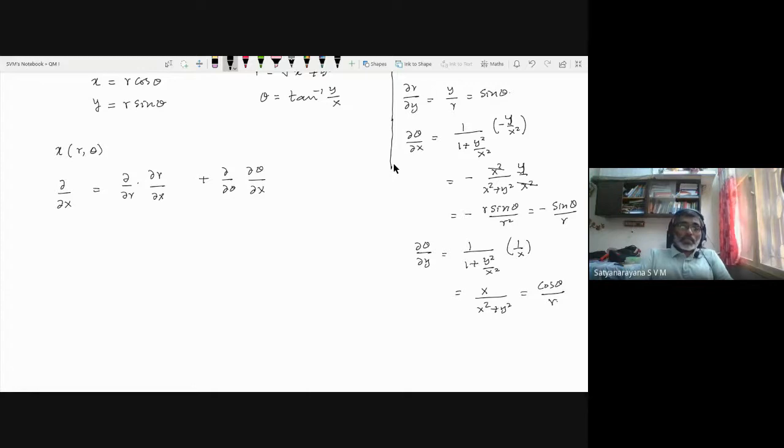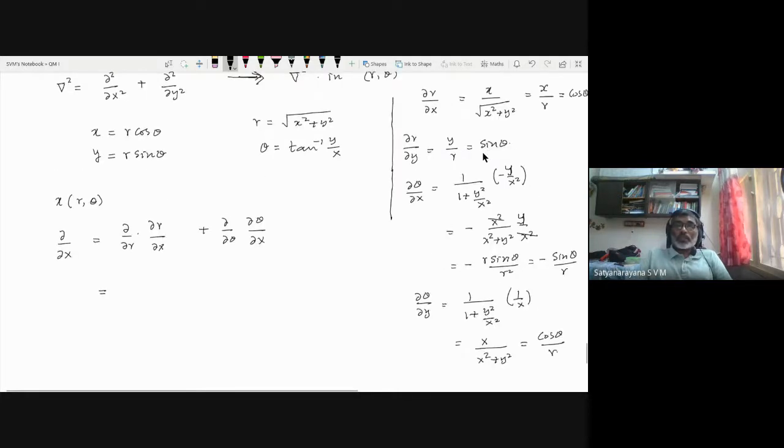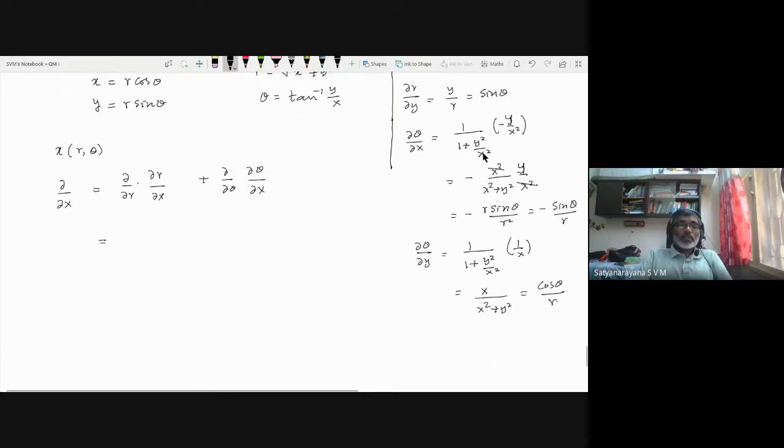So I can write this del by del x: dou r by dou x is cos theta, so this is cos theta into del by del r, plus dou theta by dou x is minus sine theta by r into dou by dou theta.